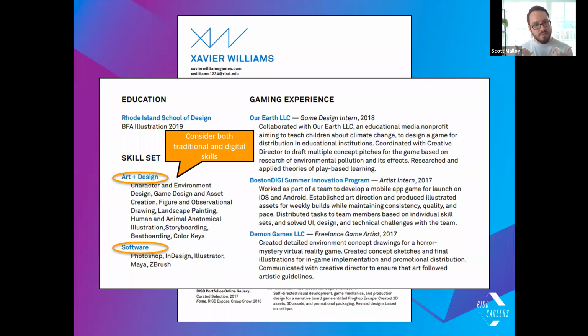In this case, since they're trying to work in gaming, they're showing their illustration and drawing skills. So character and environment design, game design, landscape painting, figure and observational drawing, et cetera, et cetera. So don't get overly focused on software where you neglect these other skills that are maybe traditional skills, but important techniques in any given creative position. So make sure that you're paying attention to those as well.